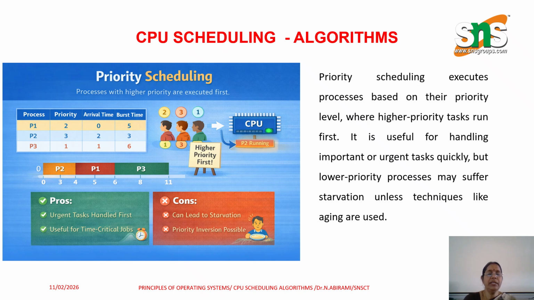And you can see here the process P2 is scheduled first, then P1 and then P3 based on the priority order given here. The scheduling algorithm determines the process moving from the ready queue to the CPU.